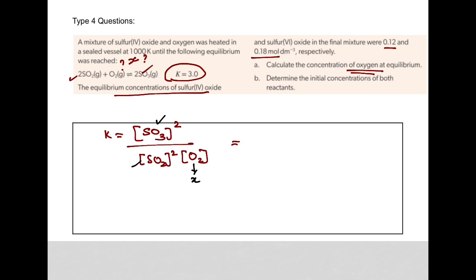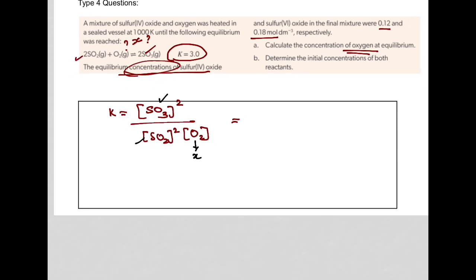So here concentration is given here. So then 3 will be equal to, so concentration for sulfur 6 oxide is this. Concentration for sulfur 4 oxide is this. So sulfur 6 oxide, this is SO3. Sulfur 4 oxide, this is SO2. You have to remember your naming.